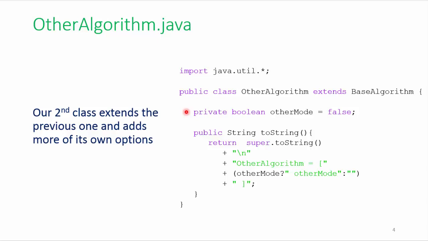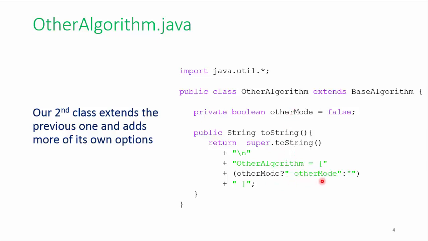And then we also override this toString method. Since we're overriding the toString method that we inherited from BaseAlgorithm, we can call super.toString and have the BaseAlgorithm version of toString display all the attributes that were actually set to true in the object that belong to the class BaseAlgorithm. Below that, we introduce a new line and display OverAlgorithm equals, the same format with square brackets, and if the attribute overMode was set to true, then we display its name.